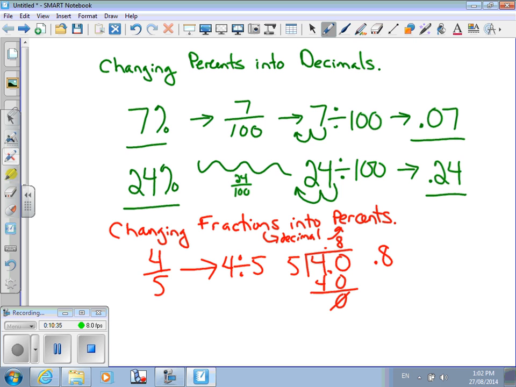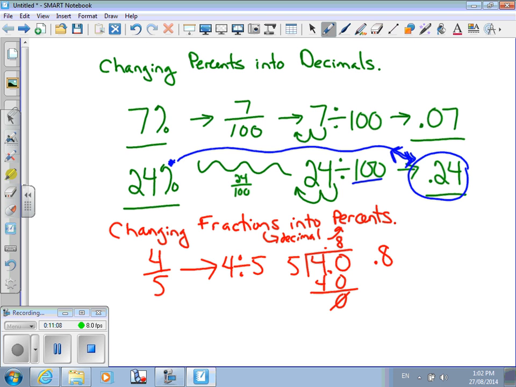Now, take a minute and look at what we did up above here. We'll look at our last example. When we wanted to convert from a percentage to a decimal, we divided by 100. So to go in the reverse direction, instead of this way, we want to go this way.